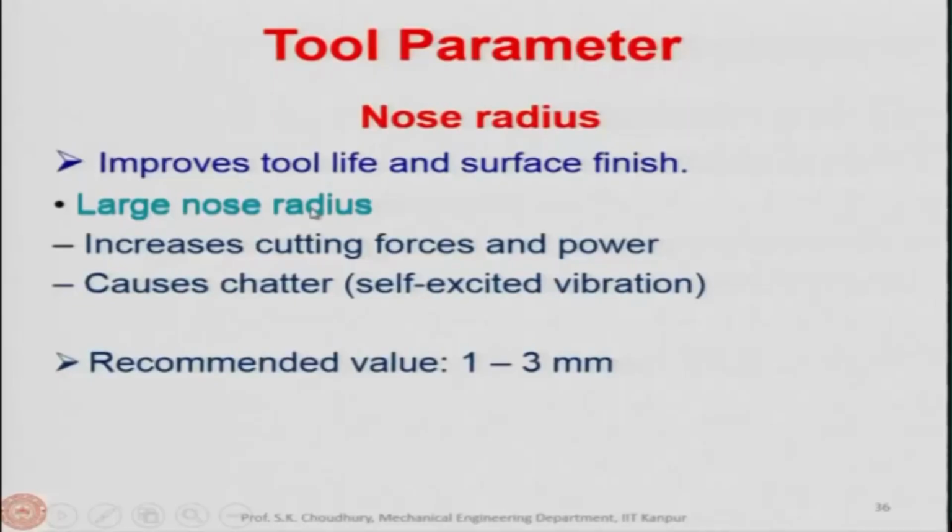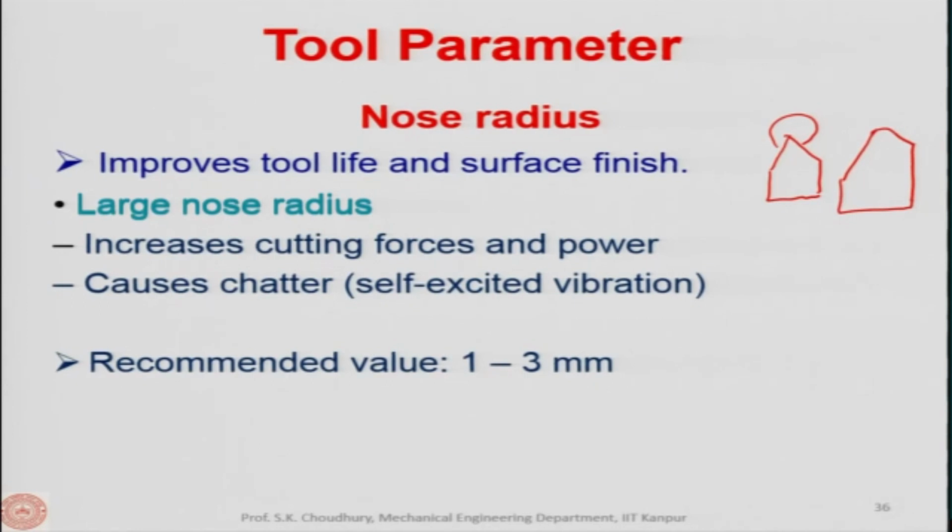Now, about the nose radius, I actually told you that nose radius is given because a sharp tool will always have a very high stress concentration around this point. Therefore, the tool is given a tool nose radius, and that tool nose radius decreases the stress concentration around it, and also it improves the surface finish.